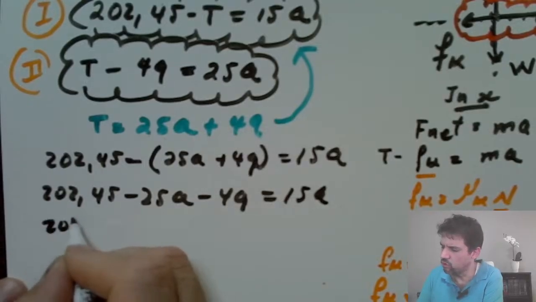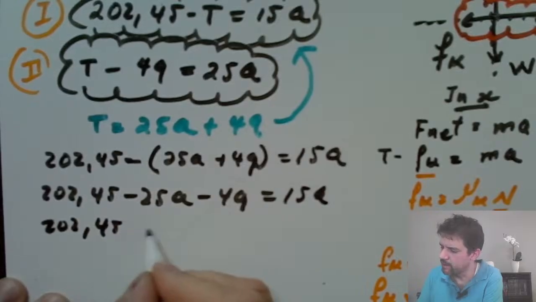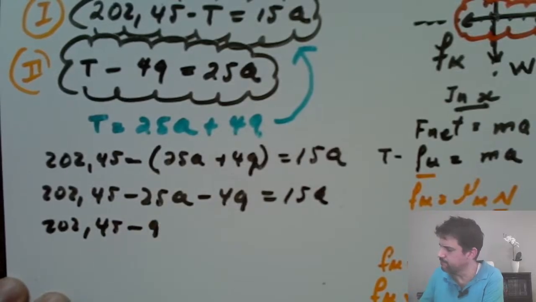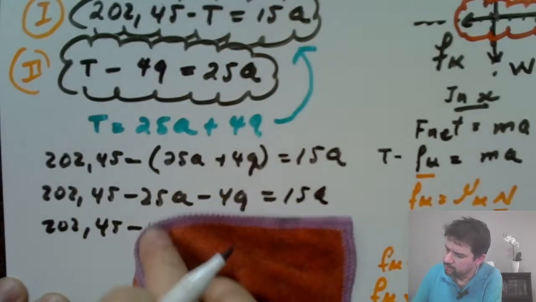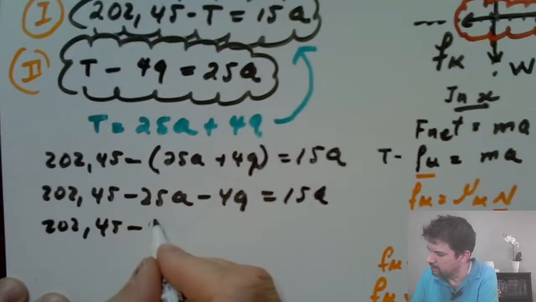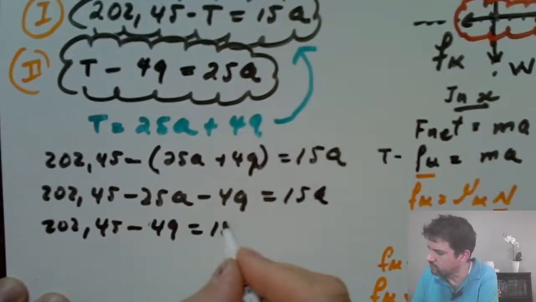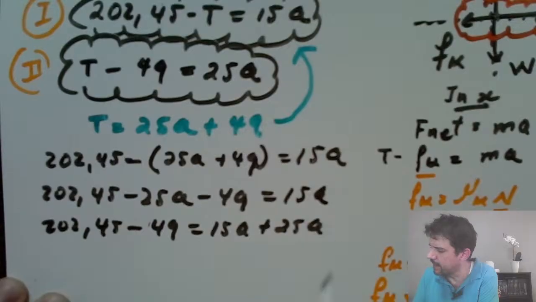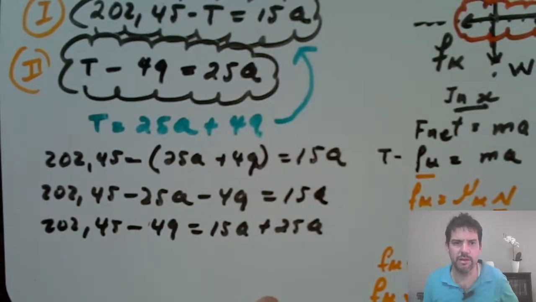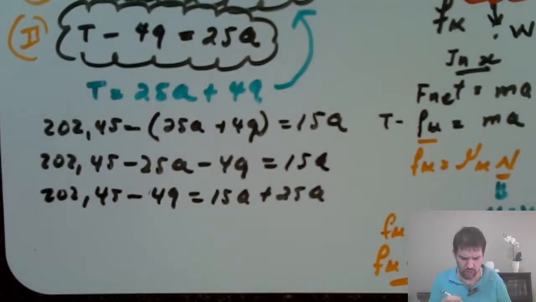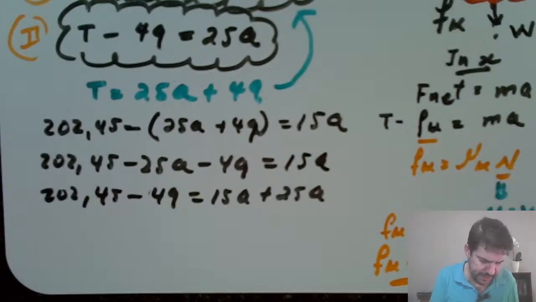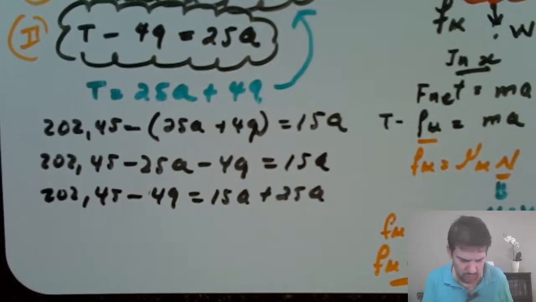We have that 202,45 minus 49 is equal to 15A plus 25A. Guys, the rest is now calculation. So from here, we may calculate A. I don't want to do all the steps because there will be too many. So let me do this and write 202,45. Guys, you can do the calculation with me and see if I get the correct answer, which might not be.